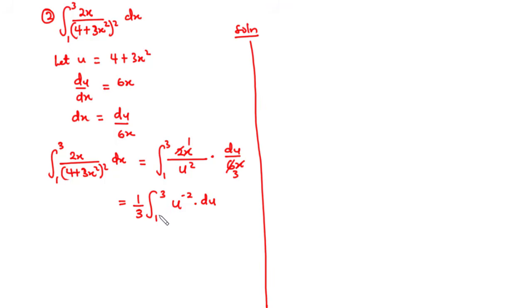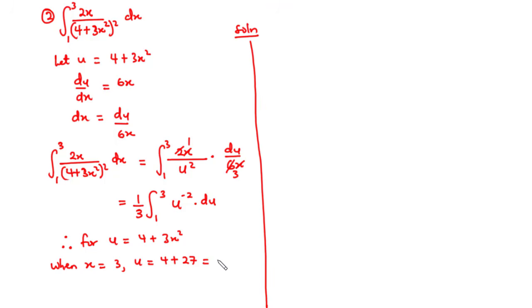Now let's change these x values to u values. So we say that u equals 4 plus 3x squared. When x is equal to the upper limit 3, we have u equal to 4 plus, now 3 squared is 9, 9 times 3 is 27.